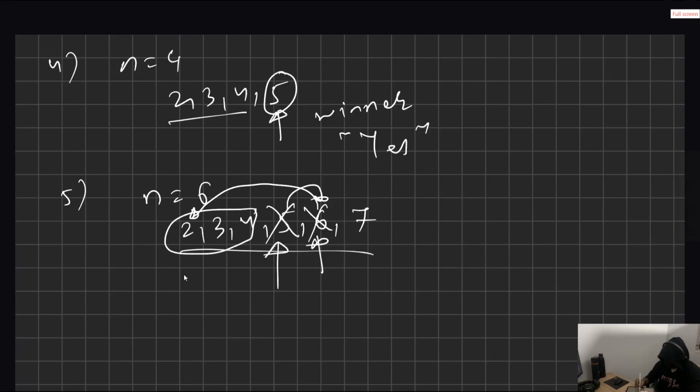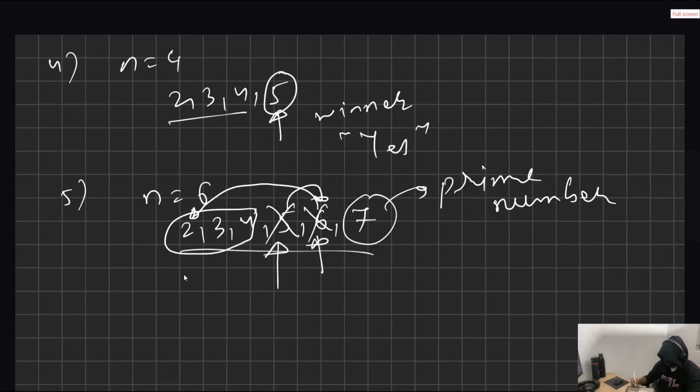But when you consider 7, it's a prime number, and this is the crucial observation. Since it is a prime number, it will not be divisible by its lower numbers.